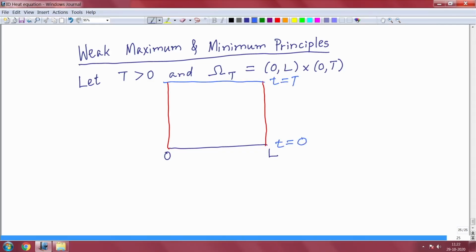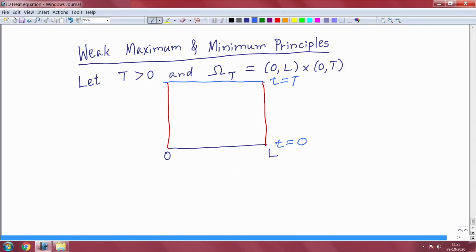So, the boundary of this open domain consists of 4 lines. Here I have put 2 red, one black and one blue. So, these 3 lines.